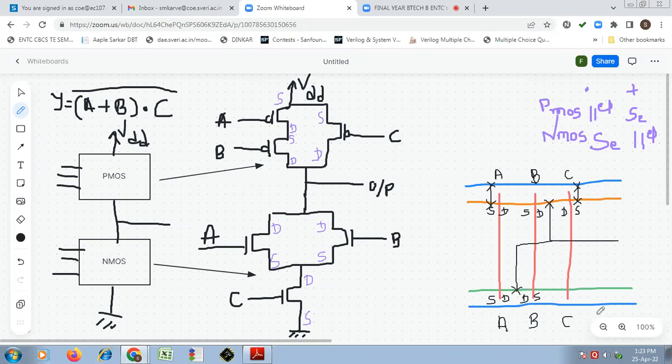Okay, fine. Now the source of B and drain of B. So we will consider this is the drain of C and it is a source of C. So this source of C is connected to the ground, and this source of A, right, and source of B and drain of B, it is common. So we have to connect like this. And this is the output.